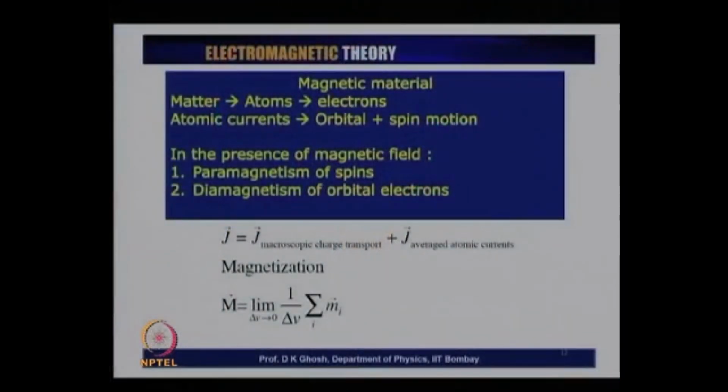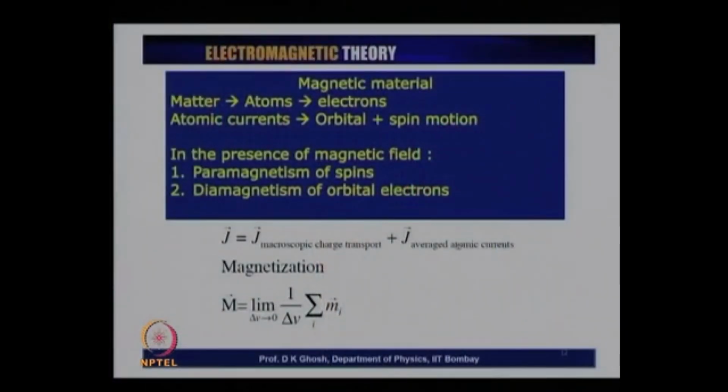So, matter consists of atoms. Atoms have electrons. Now, the orbital motion of the electrons provides me atomic currents. The other thing is that, as we know, each electron has an intrinsic magnetic moment because of its spin.